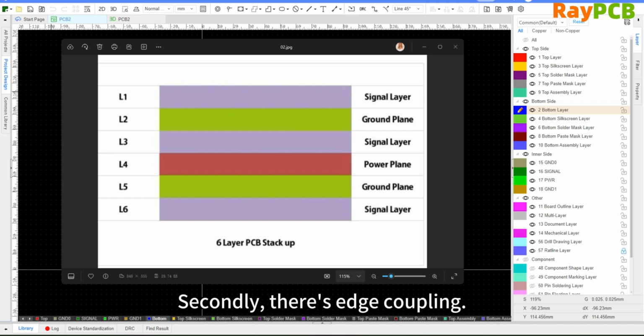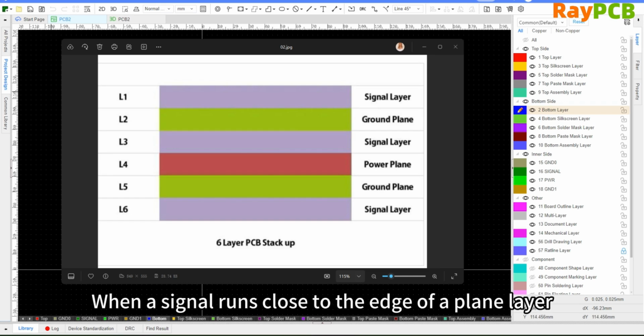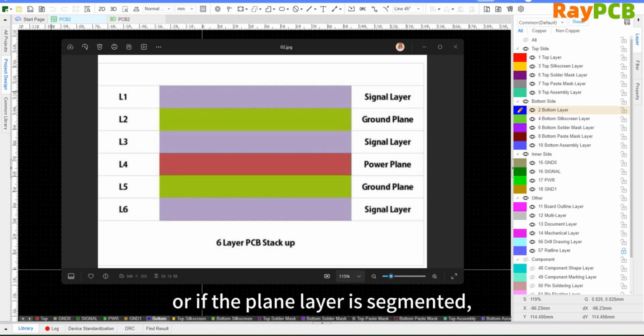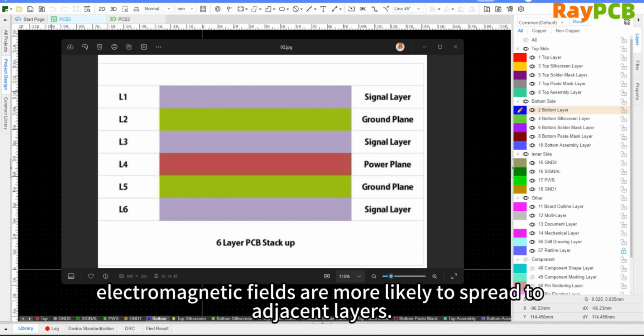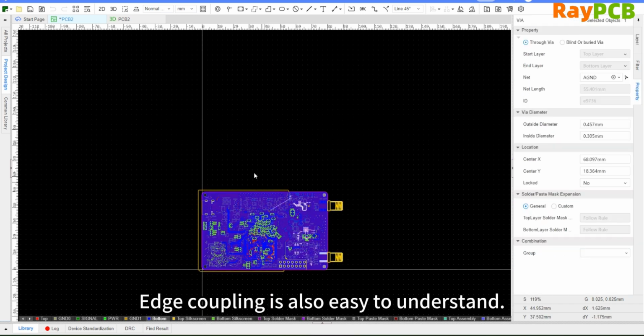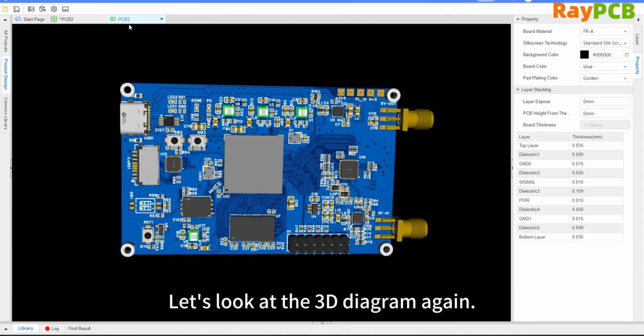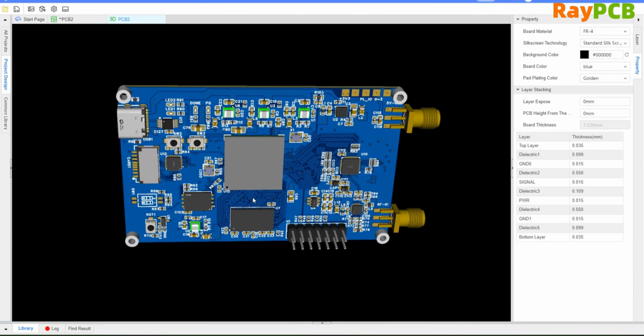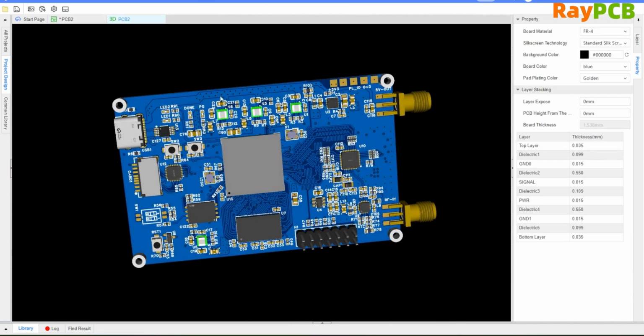Next is edge coupling. When the signal is near the edge of the plane layer, or when the plane layer is split, the electromagnetic field is more likely to spread to the adjacent layer. Let's look at it on the map again.